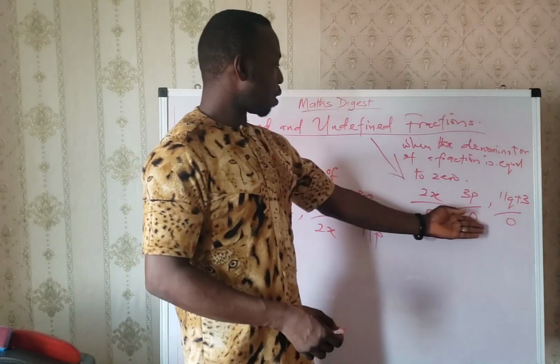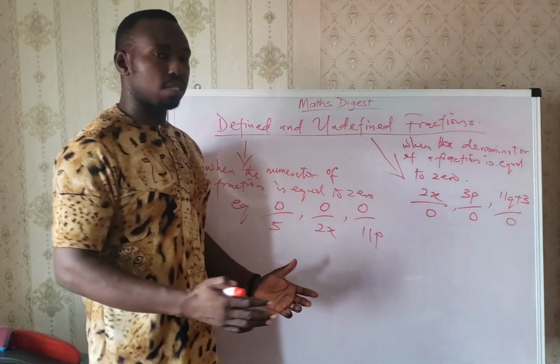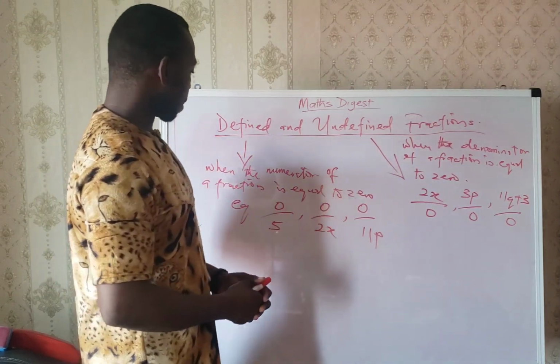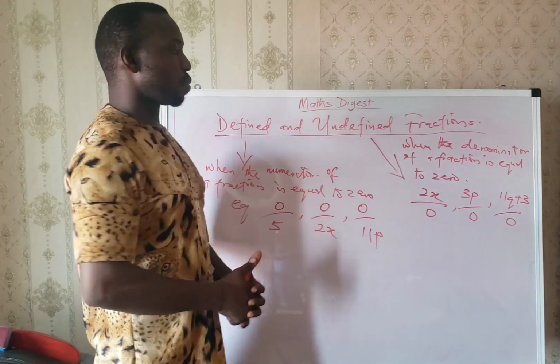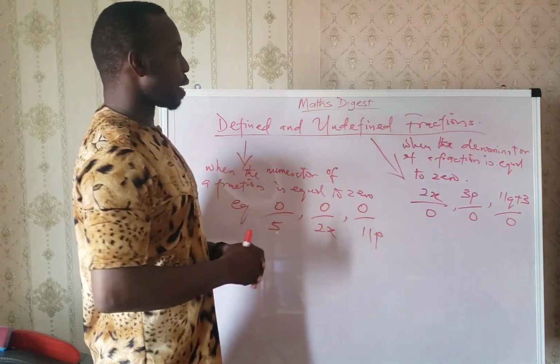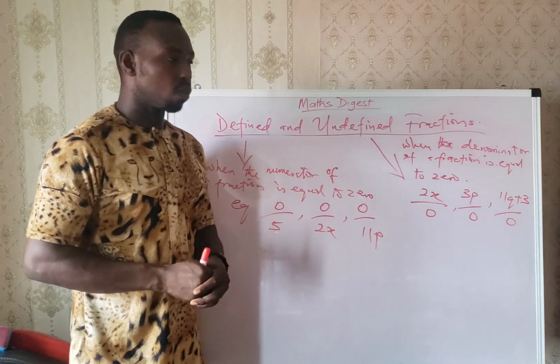These are what's undefined fractions. It's just a simple analogy that can explain that. Well, let's take further examples so that we digest it down to our own understanding.